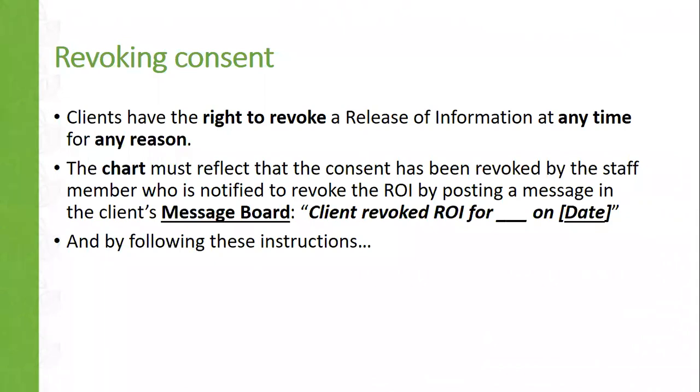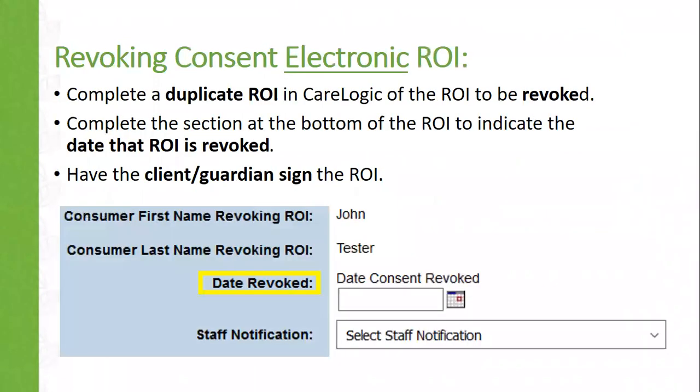And there are also some specific instructions that you need to follow as far as the release itself goes. For an electronic ROI, what you'll need to do is complete a duplicate release of information in CareLogic for the ROI that's going to be revoked. So if there was a release of information for DFACS, you'll need to complete a duplicate of that release.